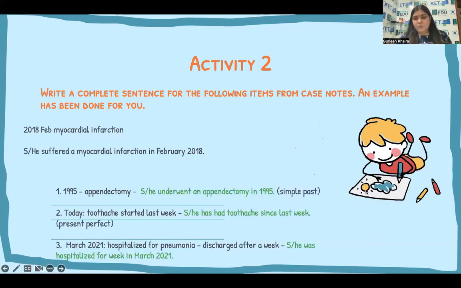All right. She was hospitalized for treatment of pneumonia for a week in March 2021. So we'll use simple past for this.